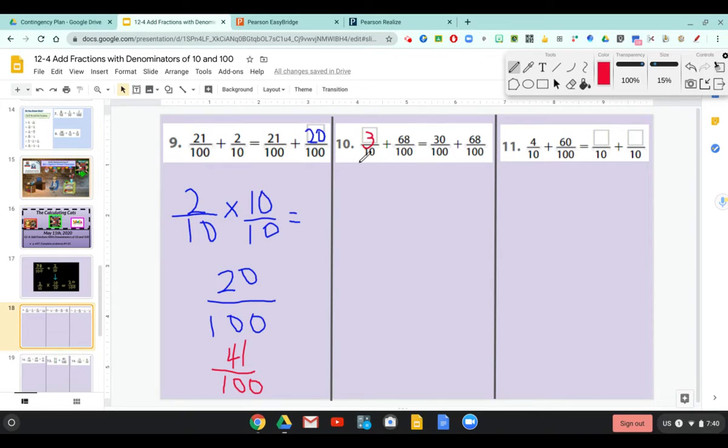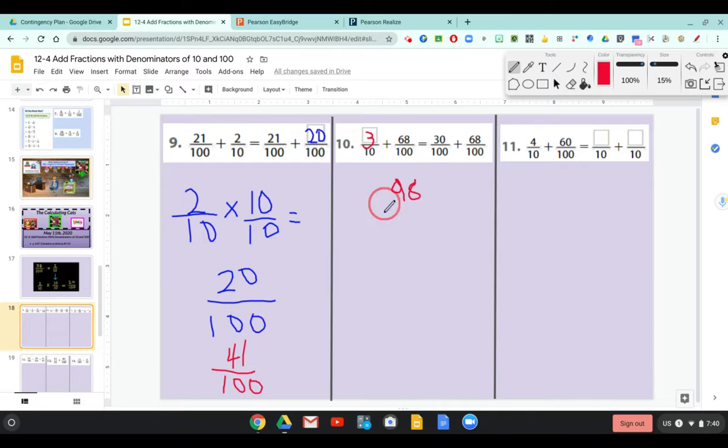So now let's add these two together. So 30 hundredths plus 68 hundredths. So 30 plus 68 is 98. So the answer here is 98 hundredths.